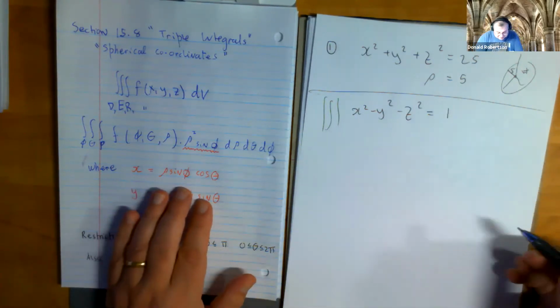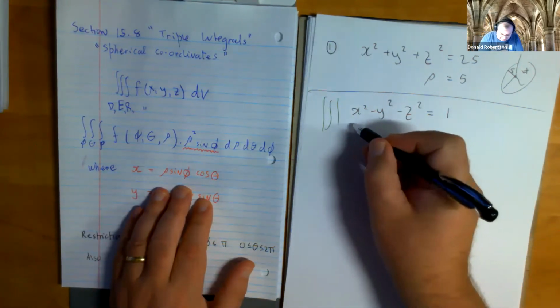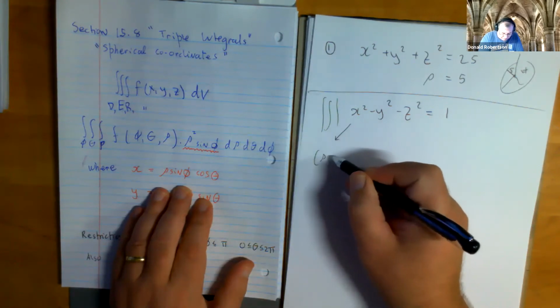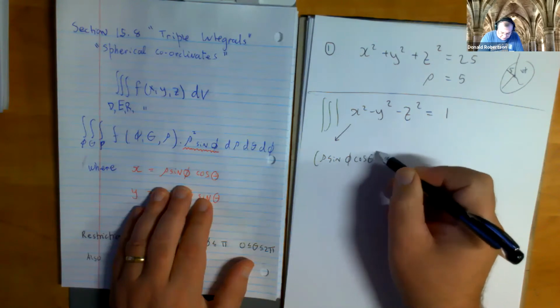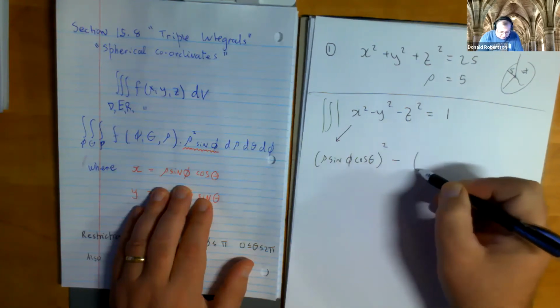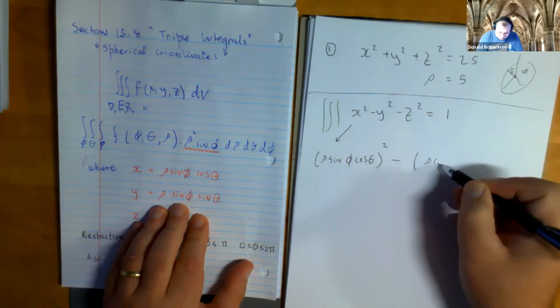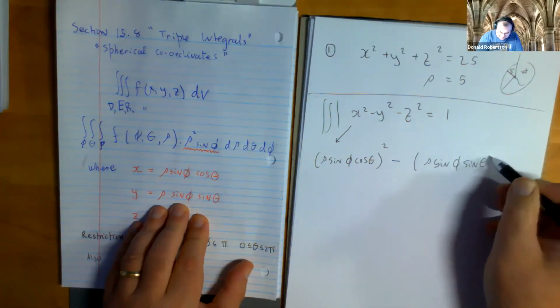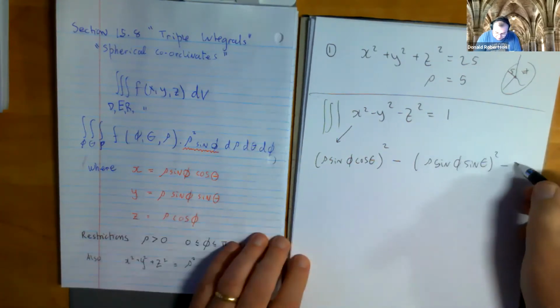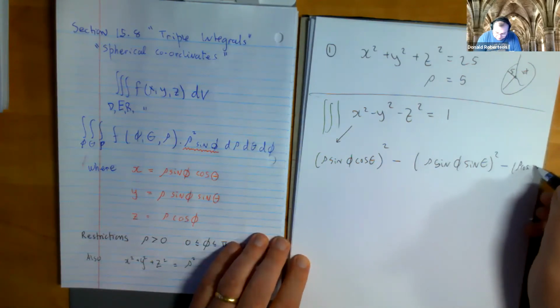It's basically just plug and chug. X squared gets replaced by that fella. Take away y squared, which gets replaced by that fella. Take away z squared, and the whole thing equals 1.